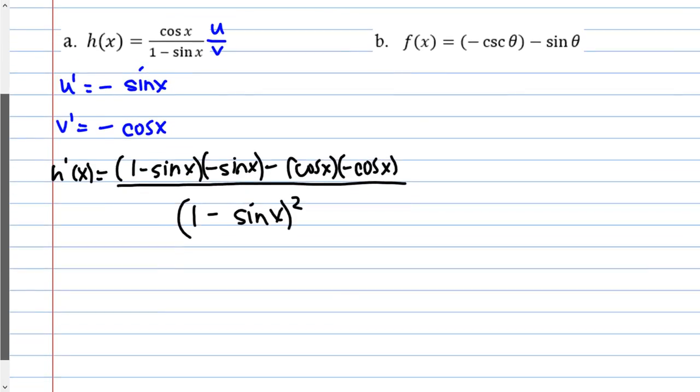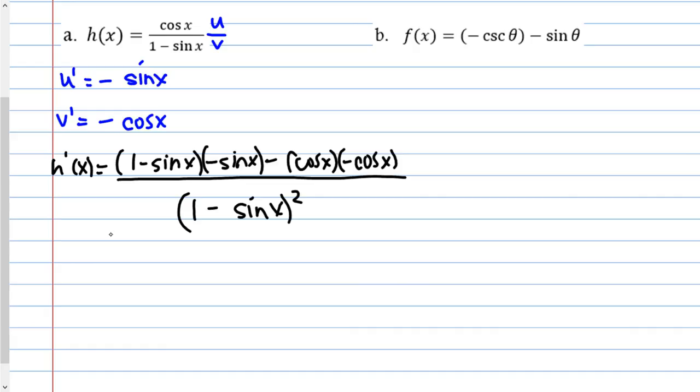Okay, so let's move down. Let's simplify a little. If I distribute this, I get negative sine x plus sine squared x. And then minus, oh wait, if I multiply these two, which happen to both be negative, it ends up being positive cosine squared x.